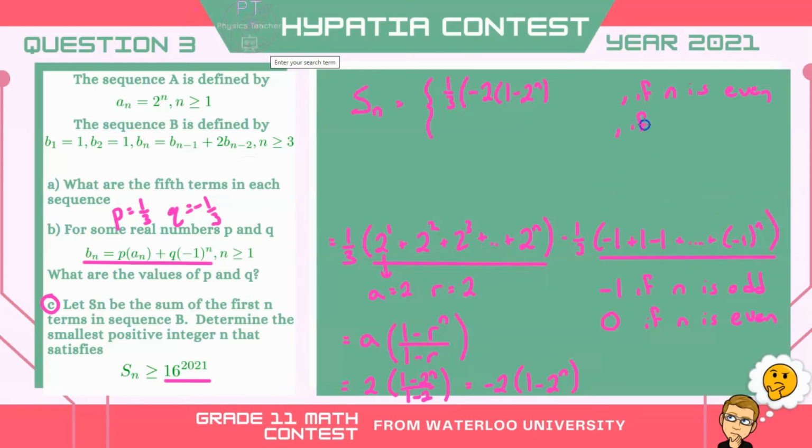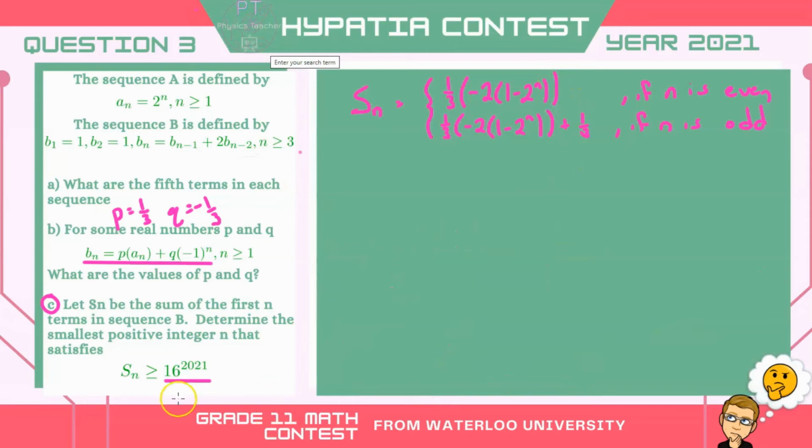Now, if n is odd, our sum is going to be 1/3 times negative 2 times 1 minus 2 to the power of n. And then if n is odd, this whole term will be negative 1. Multiplying by negative 1/3 gives us positive 1/3.